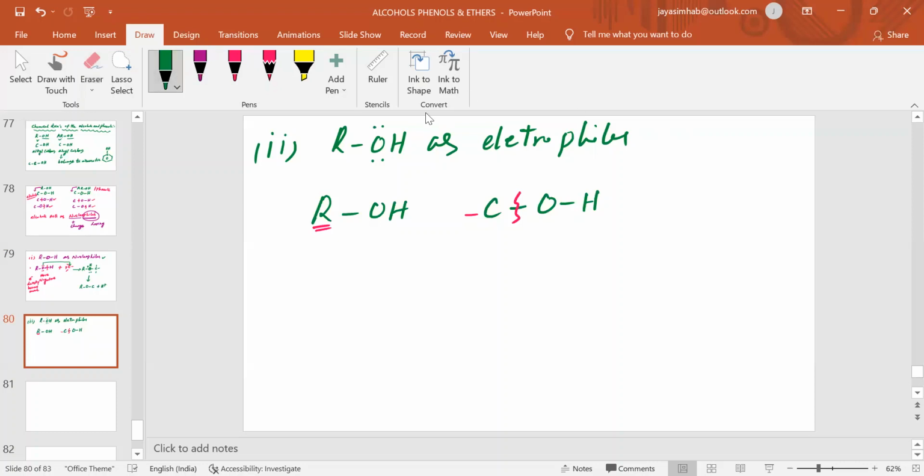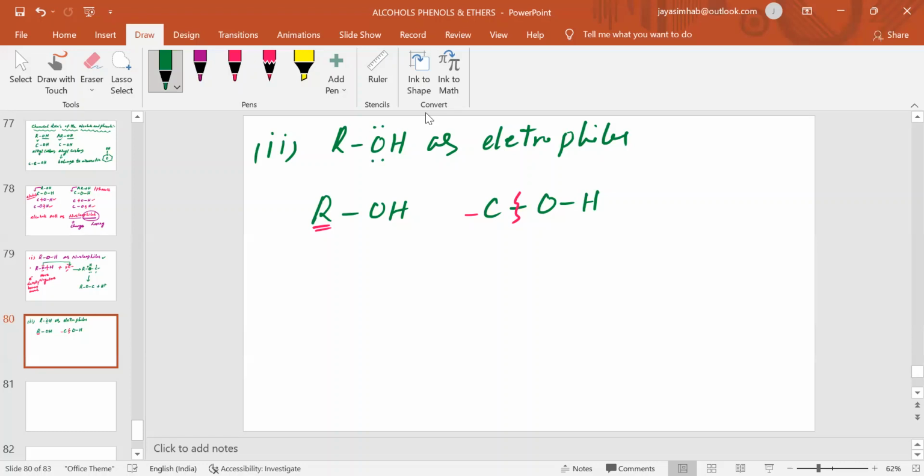How are we going to see that one? How will it happen? Because of protonation of alcohols, they attain a positive charge and they will be attracted towards negatively charged species. That's why they move towards the electron-rich region, because of the accumulation of positive charge on the center.